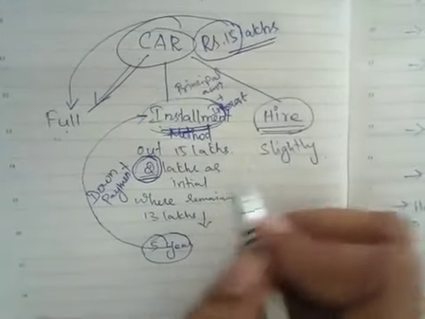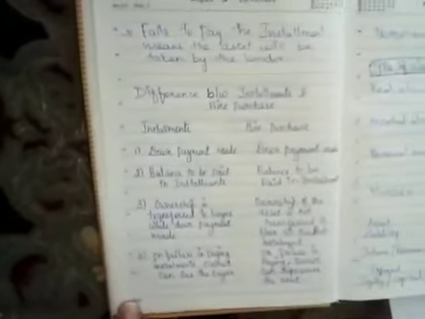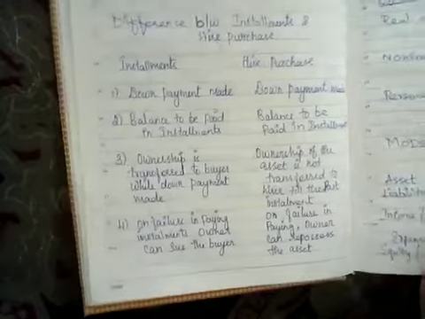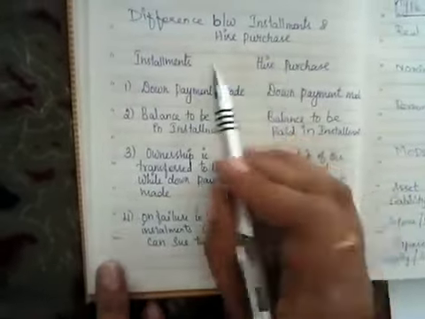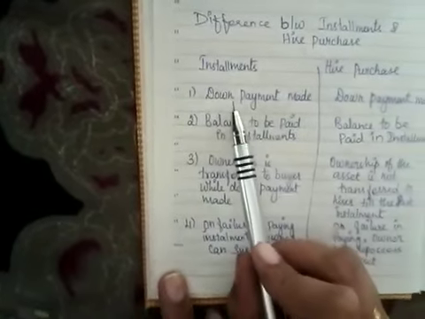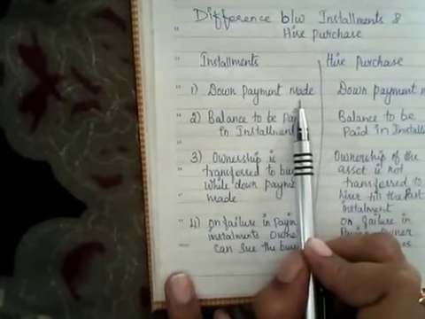Let me explain clearly the differences between installment and hire purchase system. In installment also, a down payment will be made.